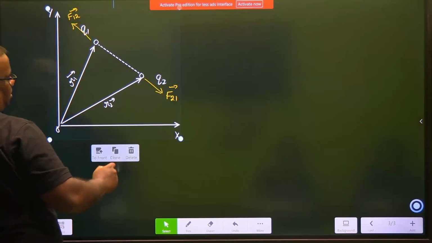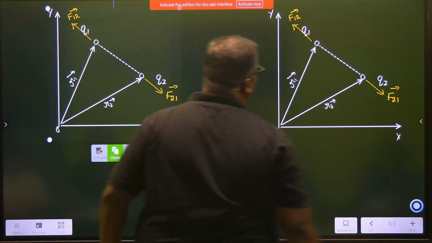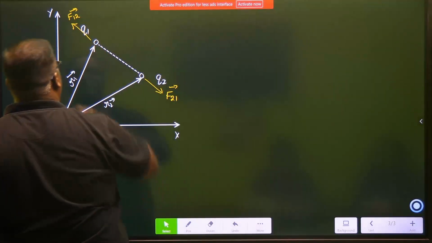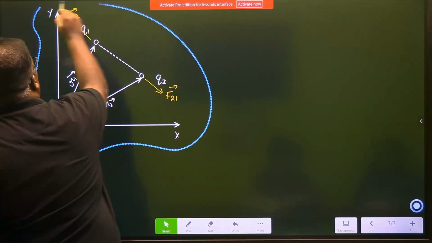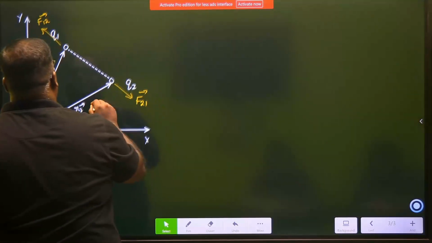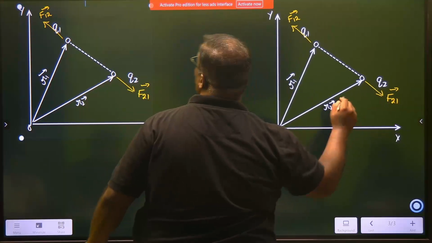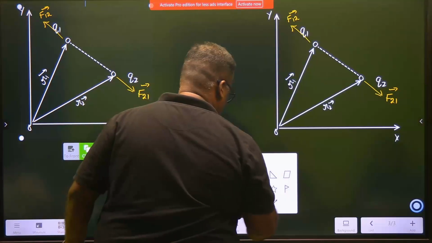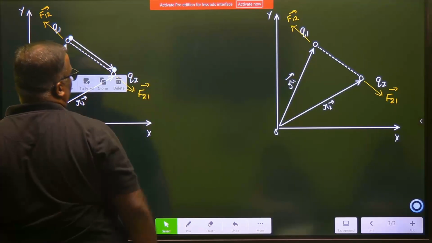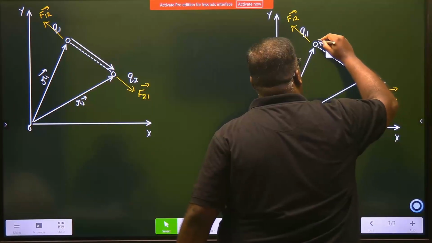Now we'll have two sorts of displacement. One displacement would be from Q1 to Q2, and one more displacement will be from Q2 to Q1.